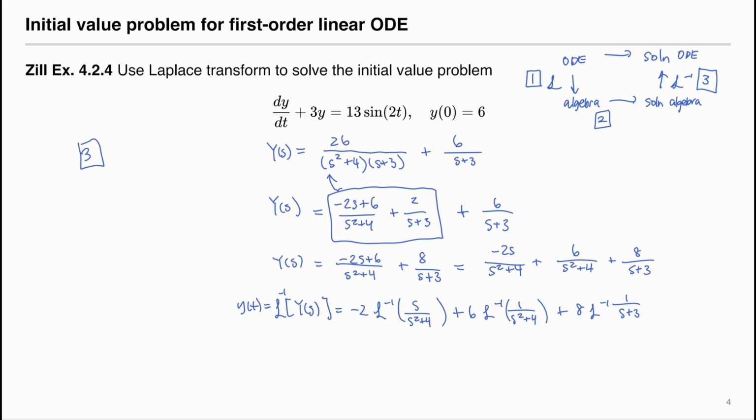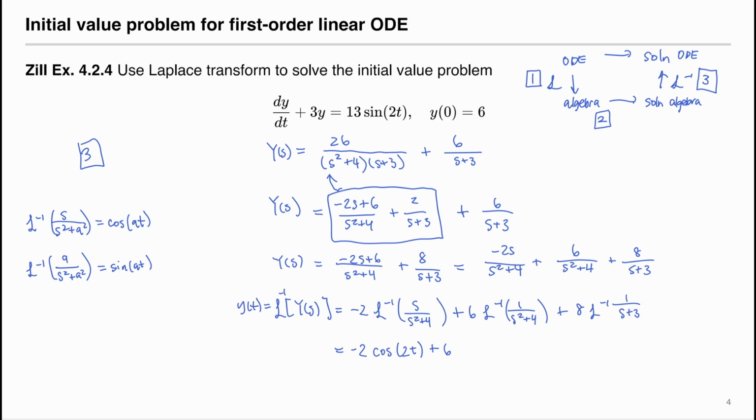Now we can use the tables where we have the inverse Laplace transform of s divided by s squared plus a squared is equal to cosine of at. That gives us negative 2 cosine of 2t. 6, the inverse Laplace transform of a over s squared plus a squared is equal to sine of at.